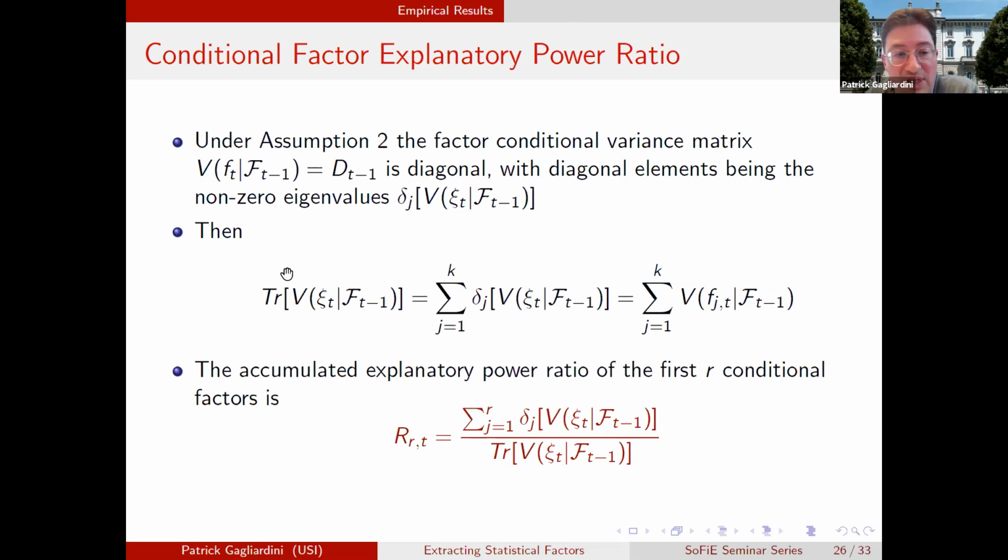Which basically means that we can write the trace of this conditional variance covariance matrix as a sum of the contributions of the different eigenvalues. So in this way, we can define ratios like this one, in which we compute the percentage of the total conditional variation in these portfolio returns which is explained by the first R factors, by summing up these eigenvalues up to number R.